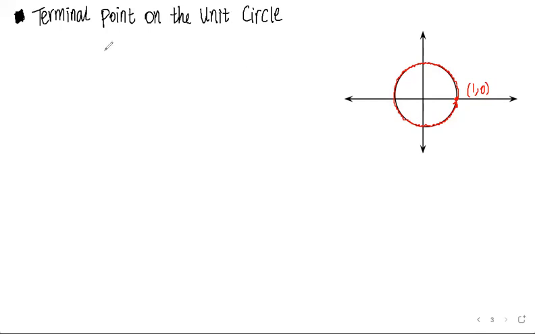So by using the circumference, C equals 2 pi r, I can find the distance for this circle. So in the unit circle, the r is 1. I plug this 1 inside the circumference, so I get C equals 2 pi times 1, and that gives me 2 pi. So the distance around the unit circle is 2 pi.